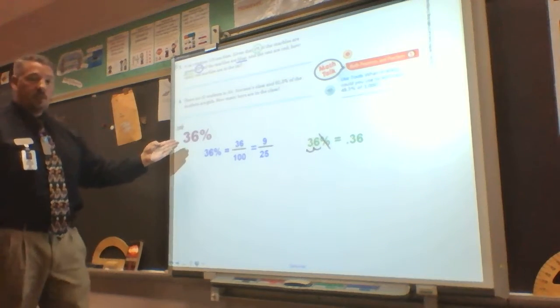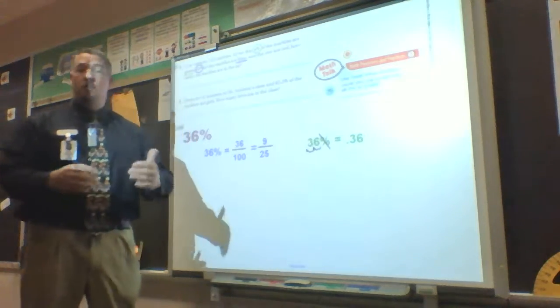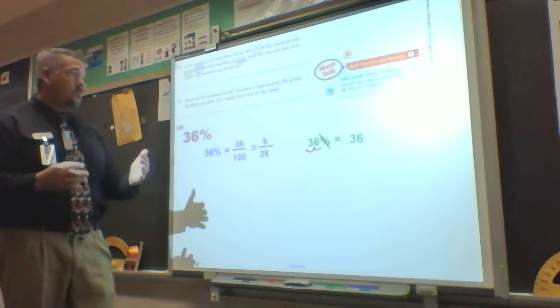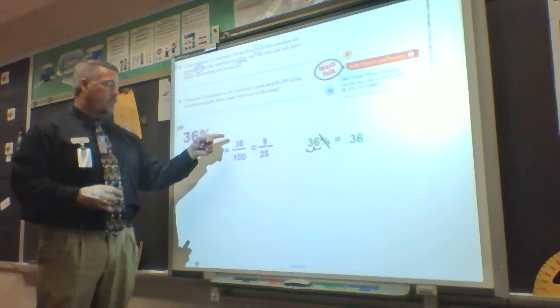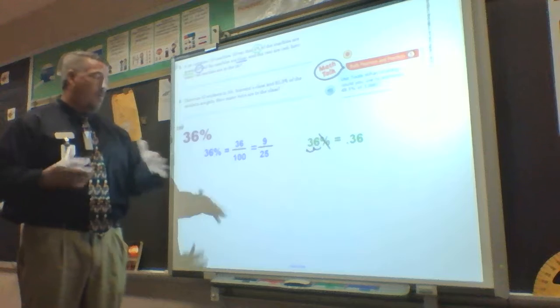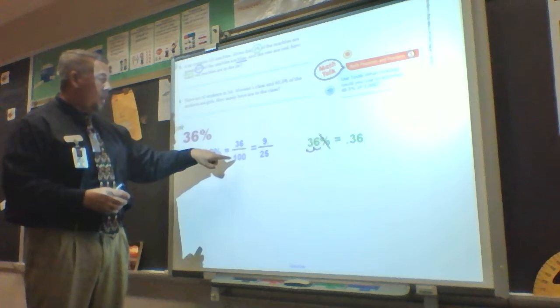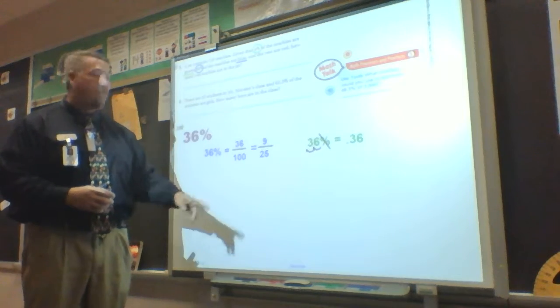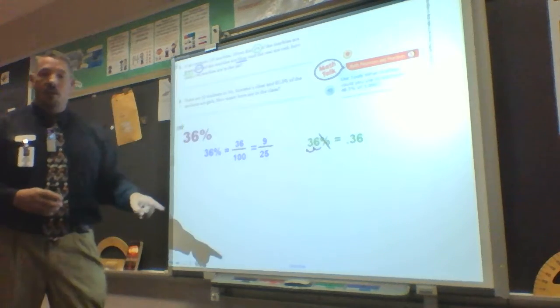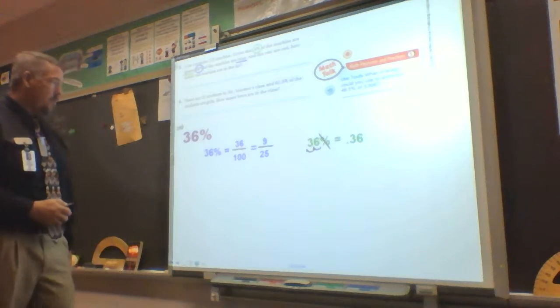Then I do my math. With my 36, I start with making a fraction or a decimal, depending on which one I'm better at or choose to do. I put my 36 over 100. On this one, I reduce by 4, because 36 divided by 4 is 9, and 100 divided by 4 is 25. Using the 9/25 makes my math easier because I don't have larger numbers.